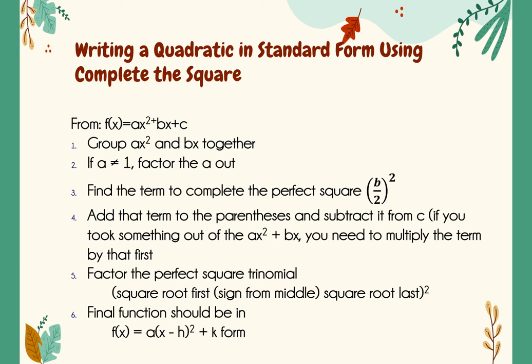We're going to start with something that looks like this. We're going to group the ax squared and the bx together. If A is not 1, we have to take out what's on the front of the x squared. And that's a big difference from the first time. The first time we did it, we divided everything by it. This time we take it out and leave it there. Then we're going to figure out what that middle term is by taking the second term, dividing it by 2, and squaring it.